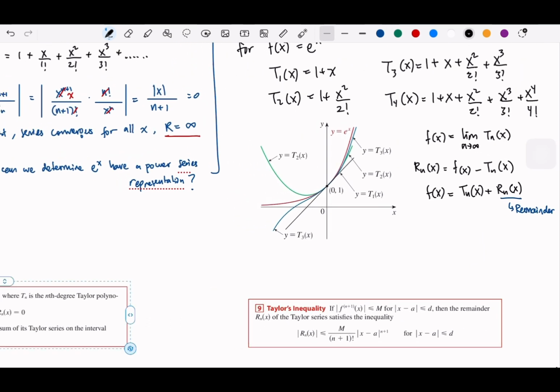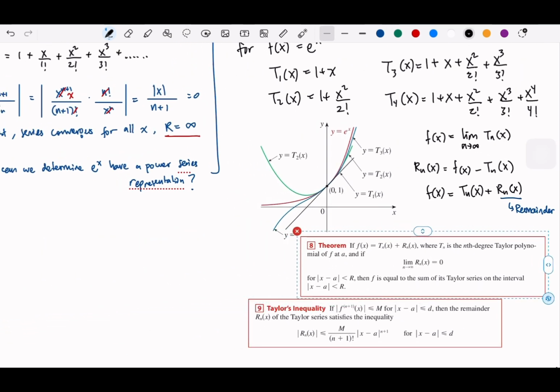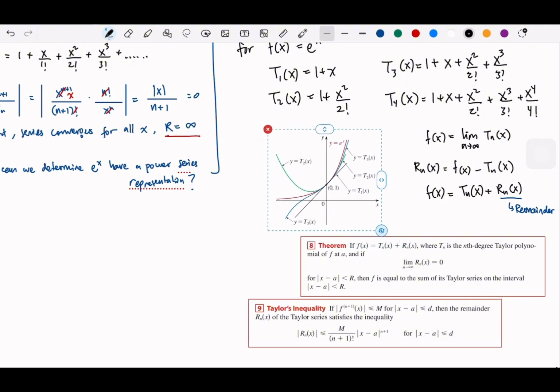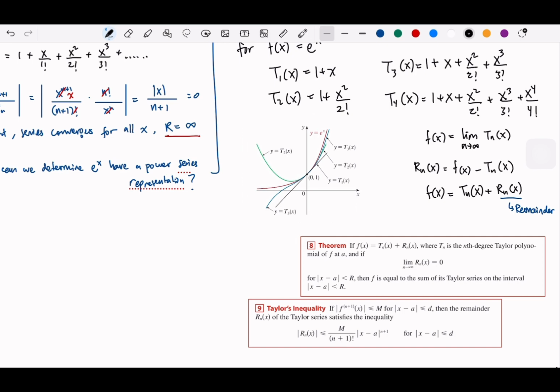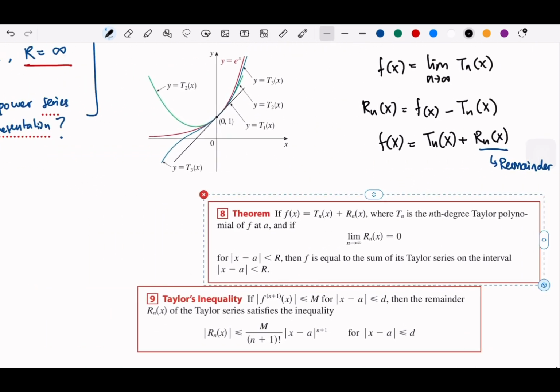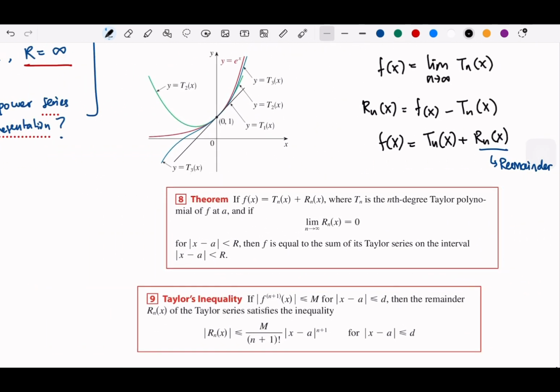Okay, so the next part here is there are at least two theorems that correlate with this definition. So the question is, if we can show that the limit for the R approaches 0, then our approximation will be true.